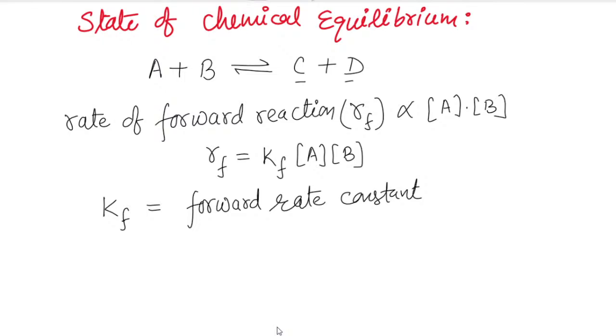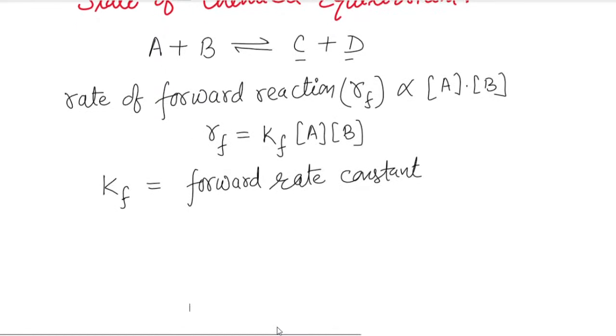We will start with reactants. Initially the concentration of reactants is maximum, so the rate of forward reaction is maximum.